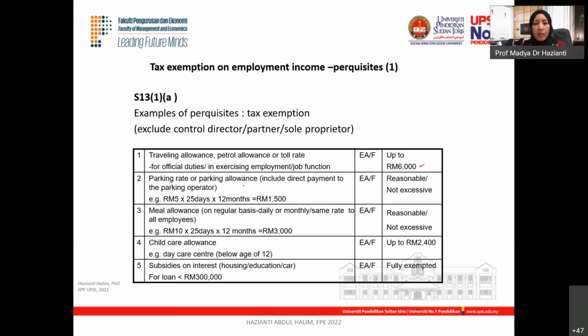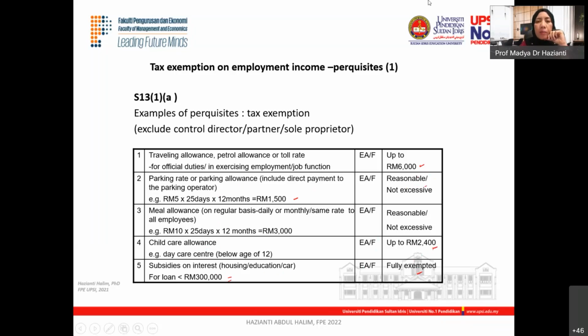Okay, tax exemption kalau dapat parking allowance, contohnya dekat sini dapat 1,500. Okay, so reasonable lah exemption dia. Meal allowance, childcare allowance up to 2,400 ringgit, and subsidy on interest, housing, education or car loan for loan less than 300,000 fully exempted.